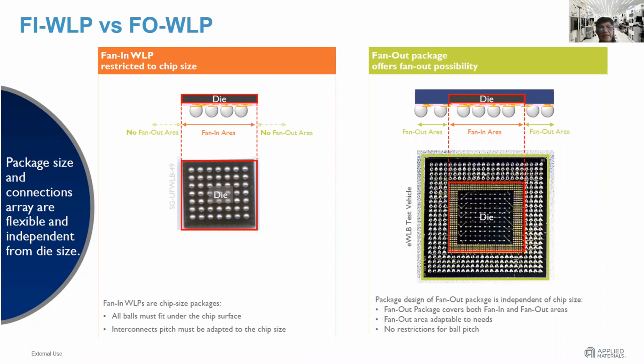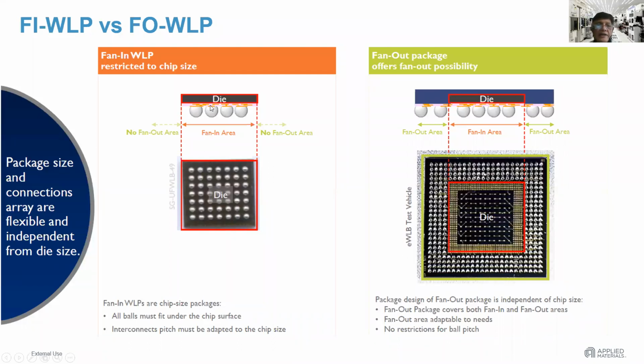So what is fan-in chip scale packaging? A chip scale package is when the die or the chip and the final package do not differ by more than 20%. So the outer package versus the chip itself, the ratio is 1.2.